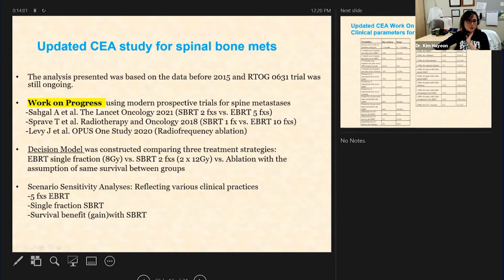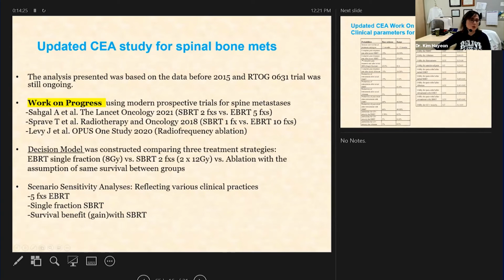So we used Dr. Sahgal's Lancet Oncology data, and then SC.24 data, and also the OPUS 1 study data. All these 3 modern prospective trials show a different outcome with SBRT for pain management.